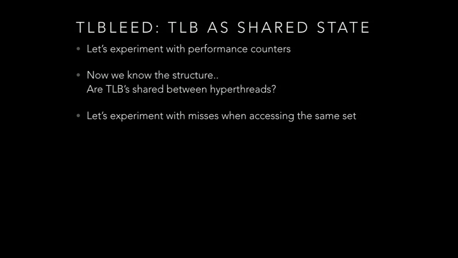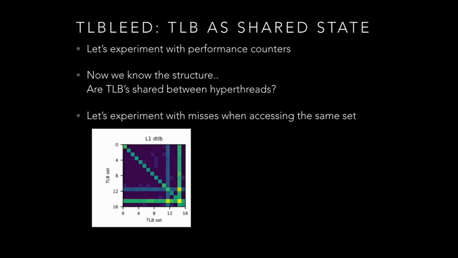So now that you know the structure, let's see if we can see what's happening, whether we get hits or misses, using only the latency. And that's pretty important. Oh, I skipped a slide, sorry. So let's see if these TLBs are shared or not. Now that we know the structure, we do this experiment where we access all possible slots, 0 to 16 on one CPU thread, and 0 to 16 on a different CPU thread, and count how many evictions we see.